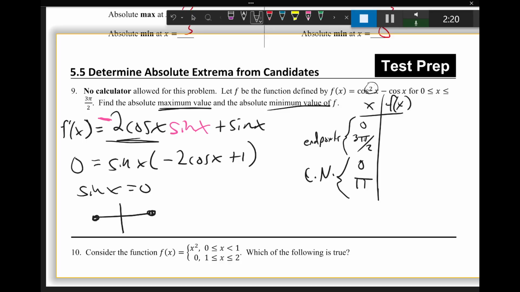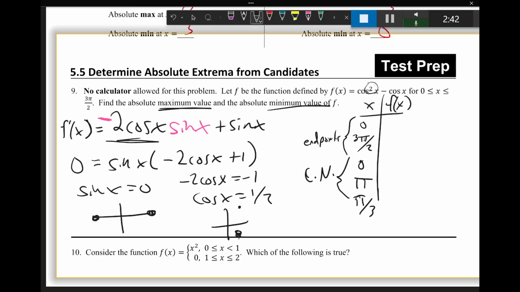And then some of them will be where cosine is a half, which is pi over 3 and 5 pi over 3. But I did not include 5 pi over 3 because that's not between 0 and 3 pi over 2. It's not in the restricted domain that they want me to work with.